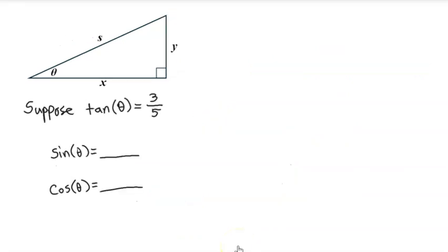Now we're given a situation where we're told one of the trigonometric functions, in this case tangent, but what I'm going to show you works just as well if this says sine or cosine. We want to find the other two trigonometric functions. The first thing to figure out is, what is tangent? Tangent of theta is equal to opposite over adjacent.